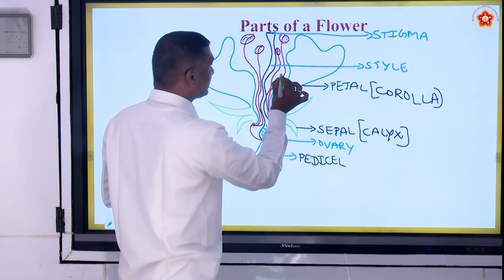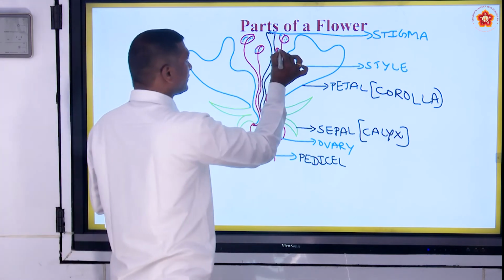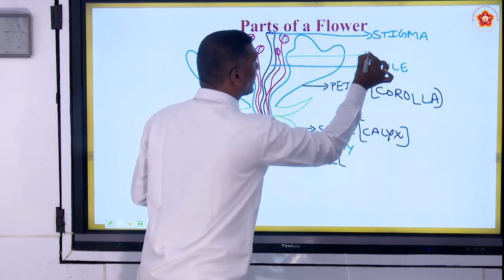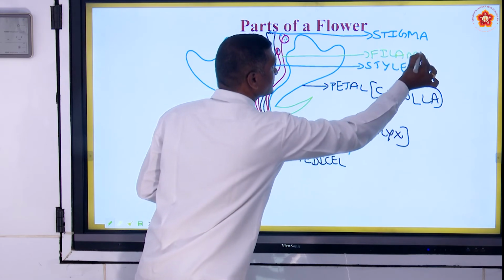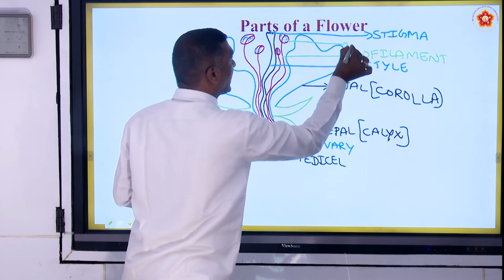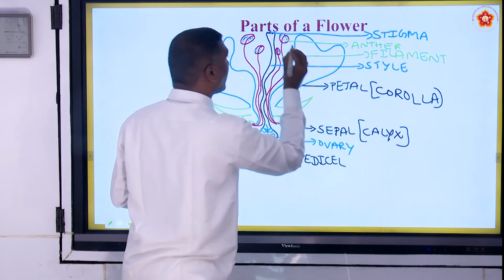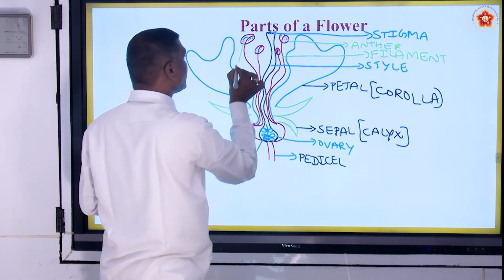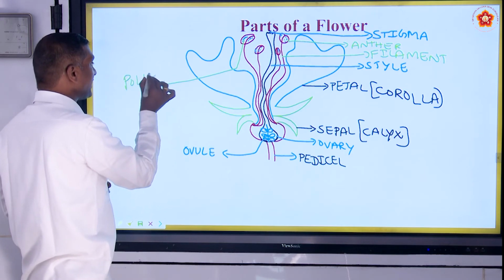Then you have the filament, this elongated part which we call the filament. The bulged part is the anther, and the anther lobe, and inside you can see the dots which we call the pollen grains.